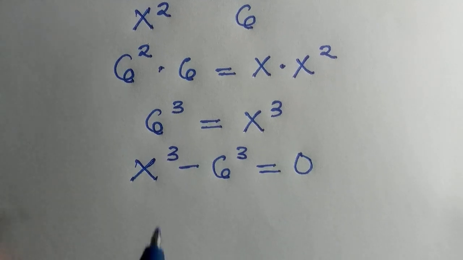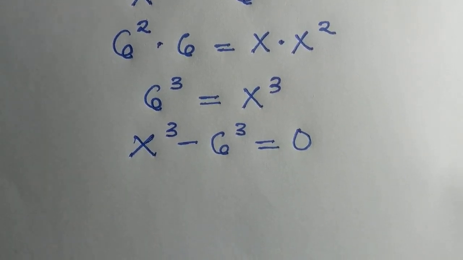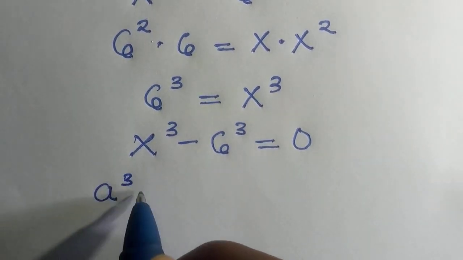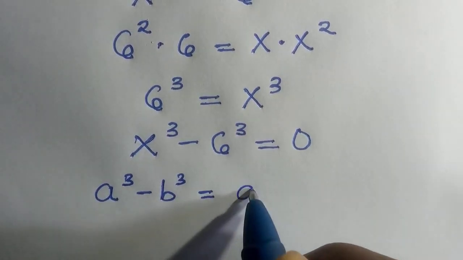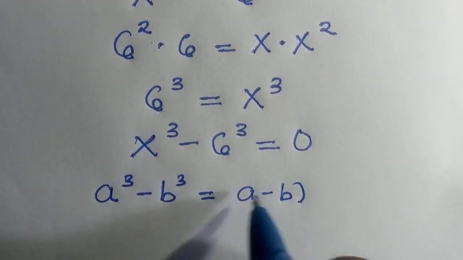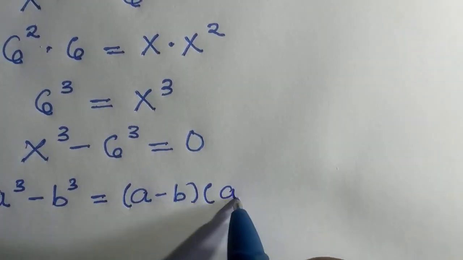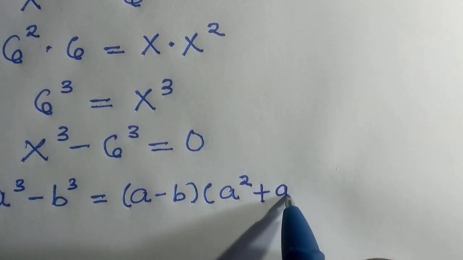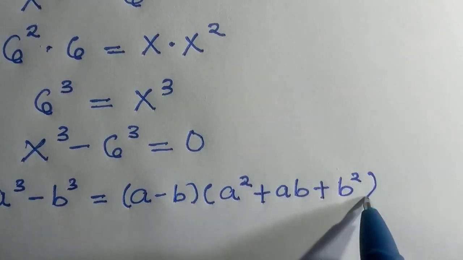And to solve this, since this is x to the power of 3, we are going to get 3 solutions. And we consider from this identity, which says that anytime we have a to the power of 3 minus b to the power of 3, this is the same thing as a minus b in bracket, open bracket, a raised to the power of 2 plus ab plus b to the power of 2.